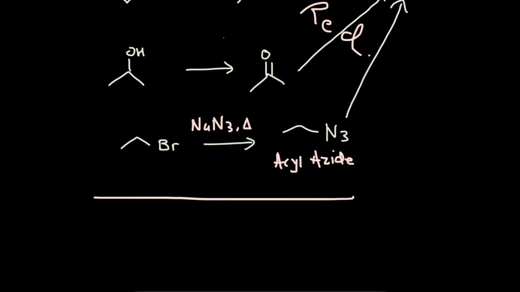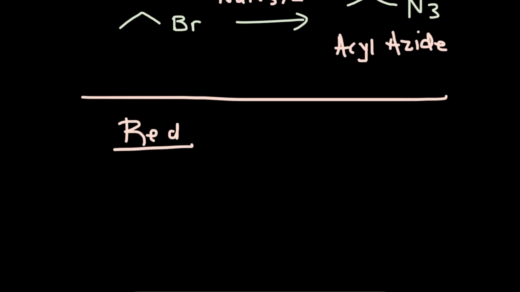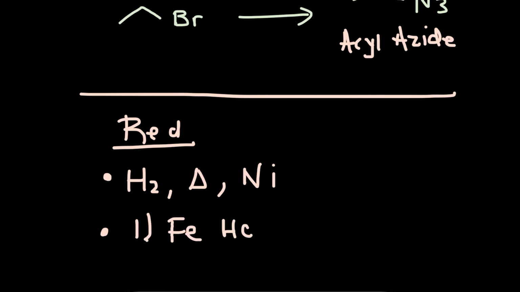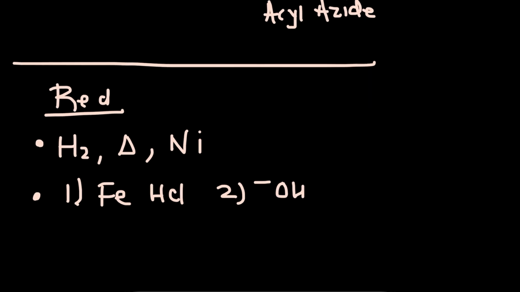So what that reduction may look like, usually a good one is hydrogenation with Raney nickel. But another good one for reducing nitro groups is iron in acid, followed by a neutralizing base.